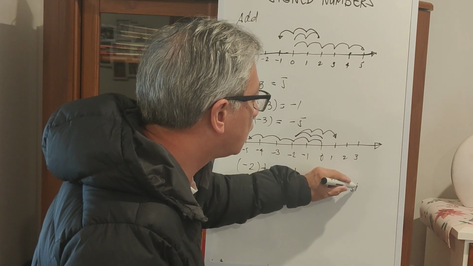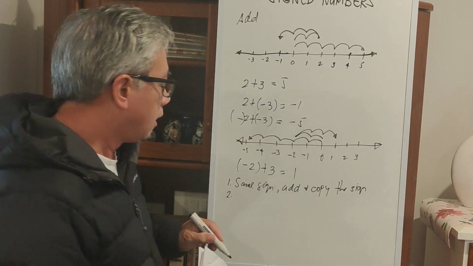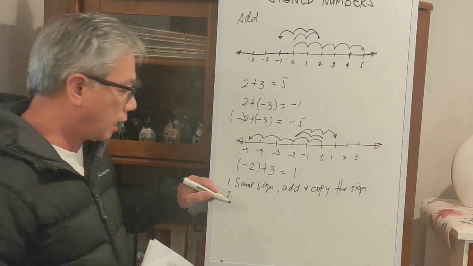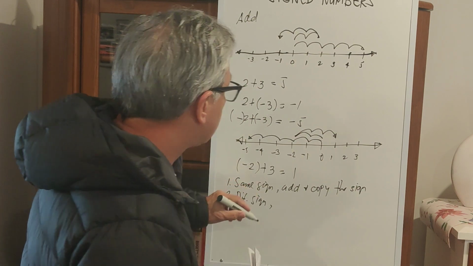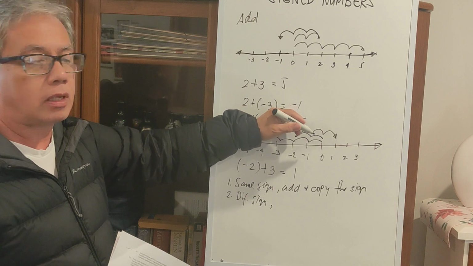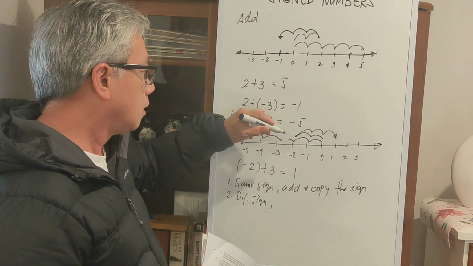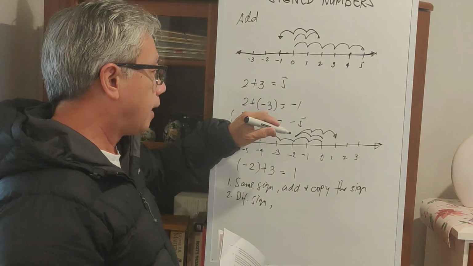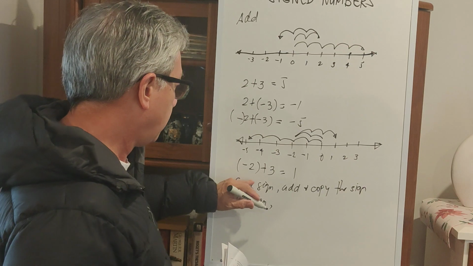But if you add different signs, for example 2 plus negative 3, it becomes negative 1. You subtracted 2 from 3, and then you copy the larger sign, which is 3 in here.